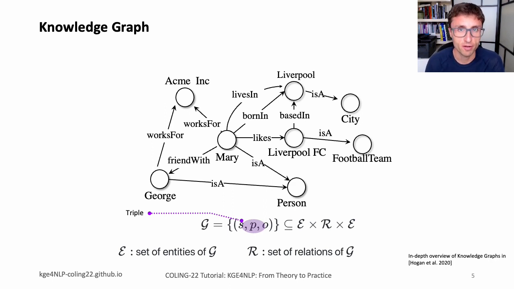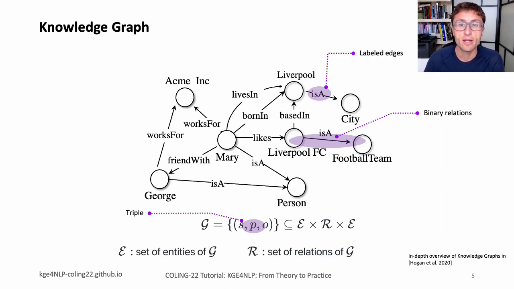Now, what is a knowledge graph? A knowledge graph is a knowledge base represented as a network. It's made of nodes and edges. Nodes are connected with binary relations, so a pair of nodes are connected together, and the connections are labeled by human readable strings, so we're talking about labeled edges.